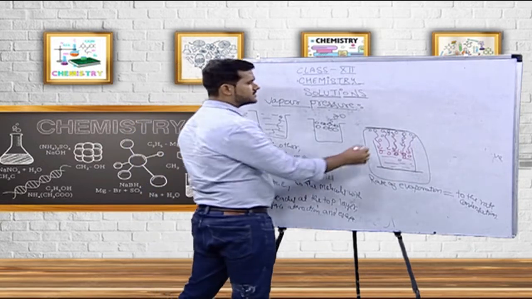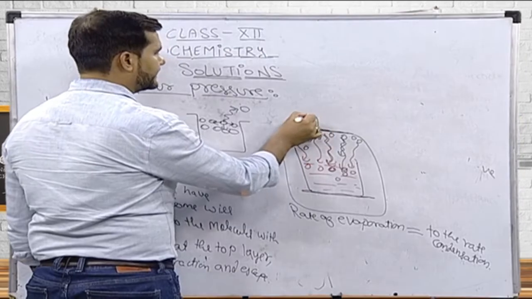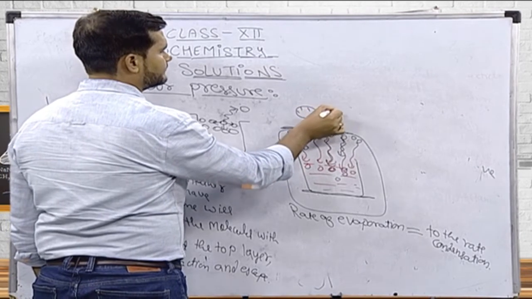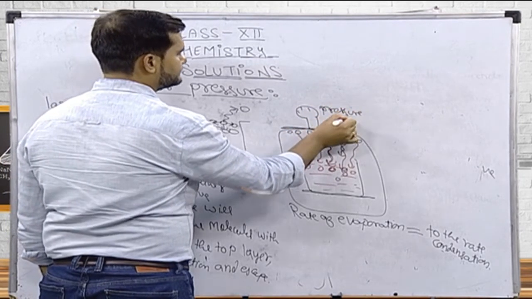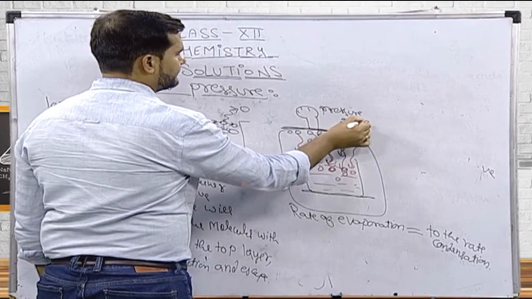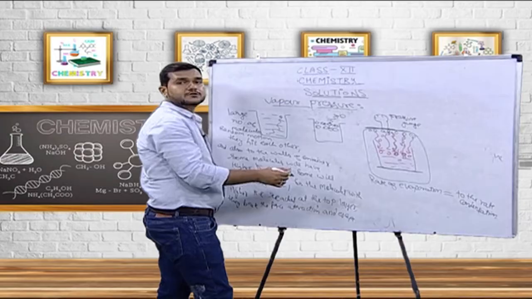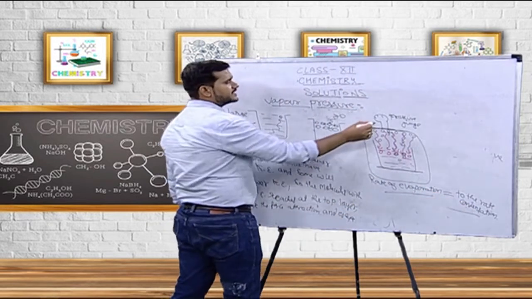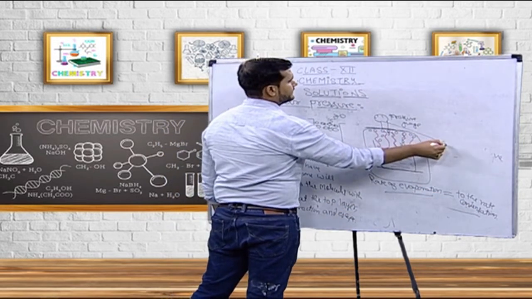At this stage, if we attach a pressure gauge here to measure the pressure, the pressure in this gauge, when the rate of evaporation becomes equal to the rate of condensation, is called vapor pressure.